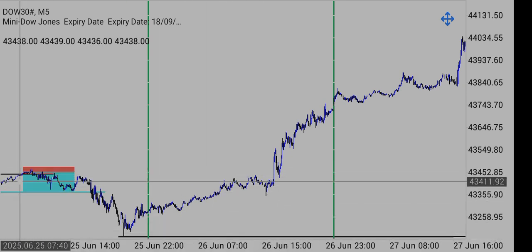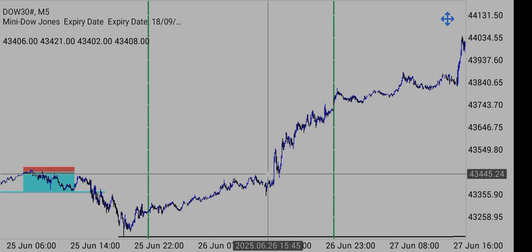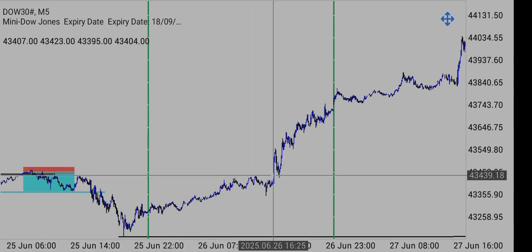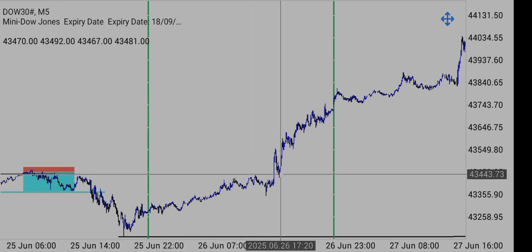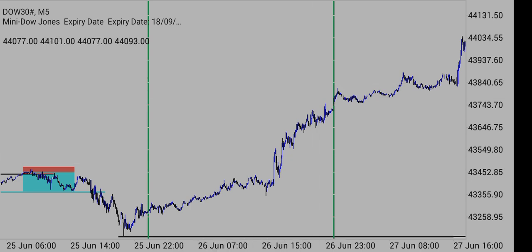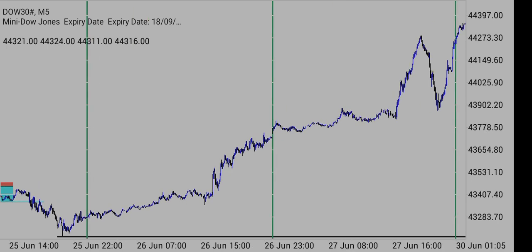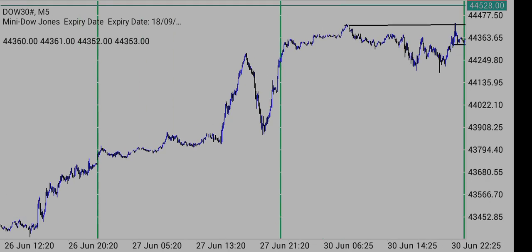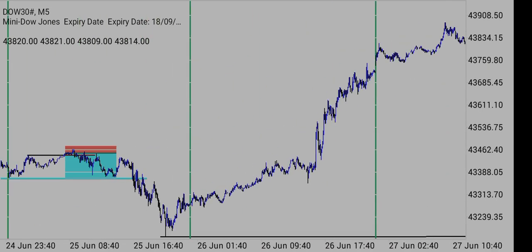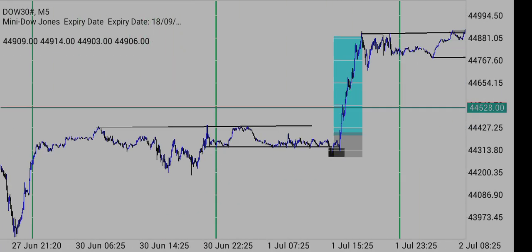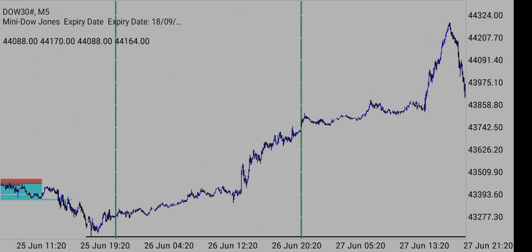Even if it retraces and goes up, we should wait for clear, clean structure sweeps before blowing our accounts. Okay, so in a row of 3 days, we didn't get any entry.